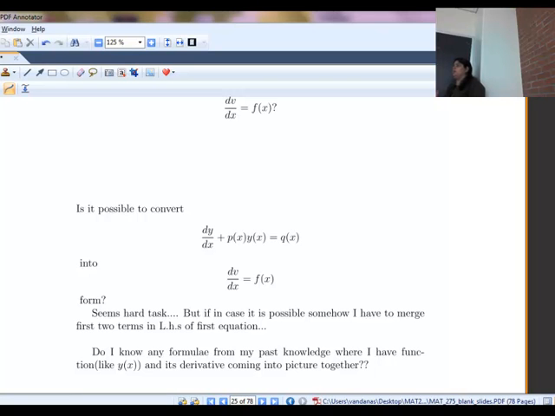Y prime plus some function times y. Y is also coming, y prime is also coming. So if I take a derivative of which function so that I get maybe something near to this, not exactly this. Can you guess something which is nearby? Maybe you don't get exactly this, but some similar kind of form.